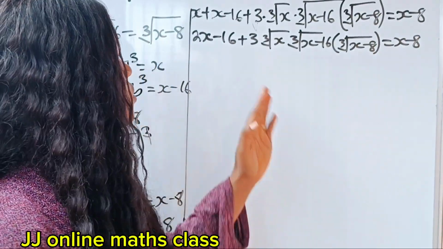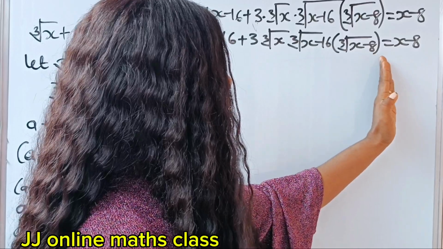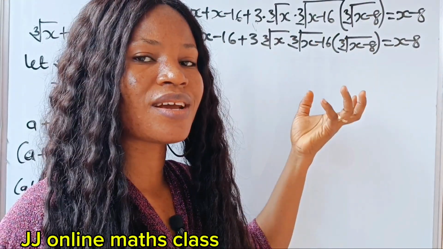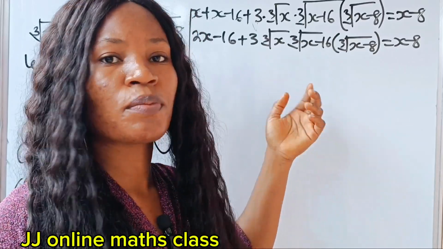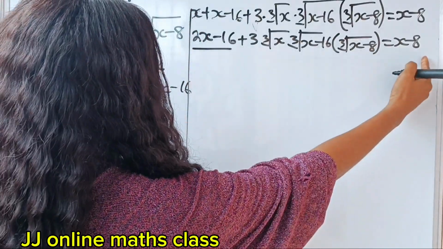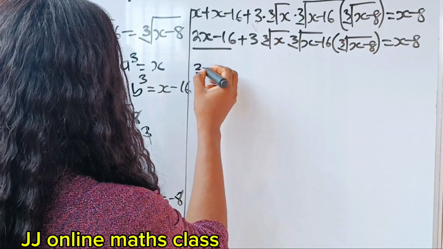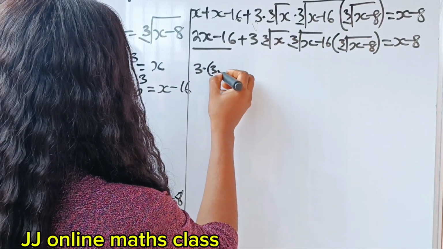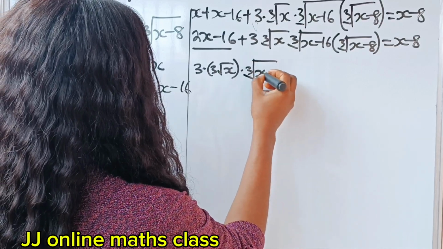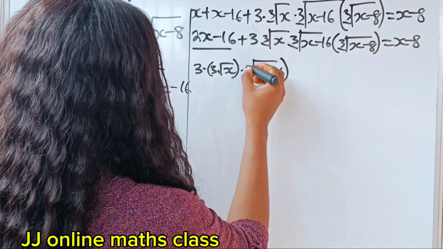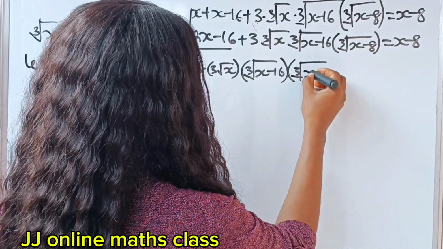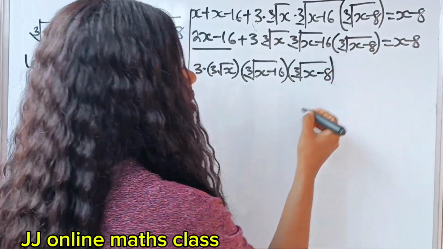Okay, now let's continue. From here down, we are multiplying, right? So let's just bring these ones out to reduce the complexity of the equation. So let's transfer this to the other side of the equation. So we are going to have 3 multiplied by the cube root of x multiplied by the cube root of x minus 16, multiplied by, let me use this to avoid confusion, the cube root of x minus 8.